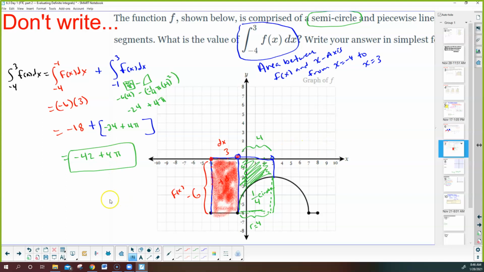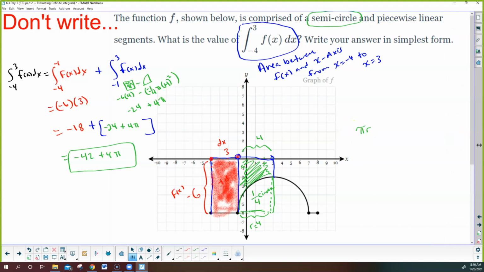How did we get 4 pi again? Well, this right here, I didn't set this up, but we know that pi r squared is the area of a full circle, right? So if this was a full circle, it'd be pi r squared, but we want 1/4 of that right here. And the radius goes from where the center of the circle would be, out to any edge.